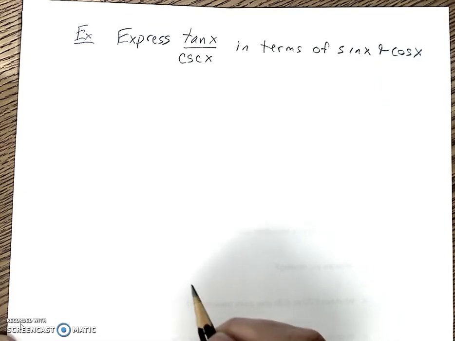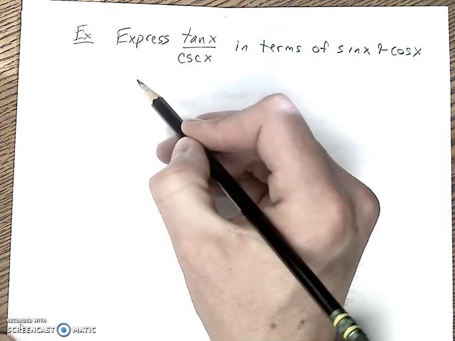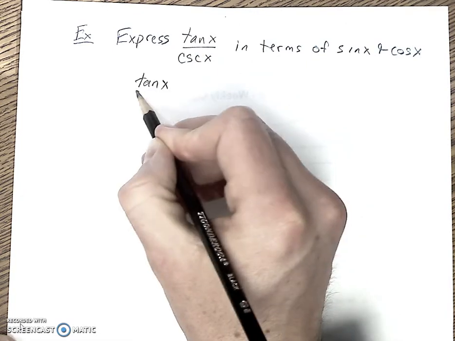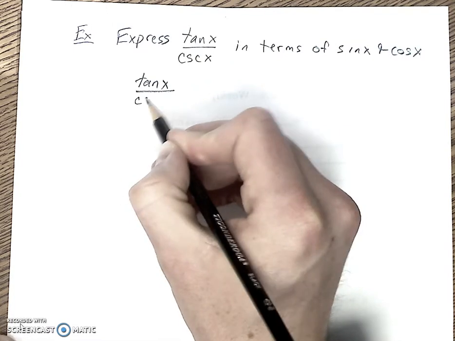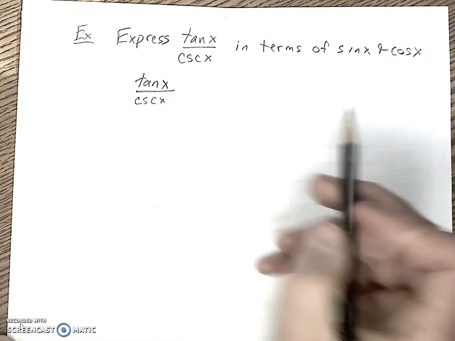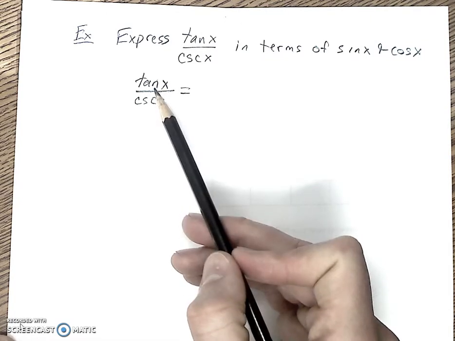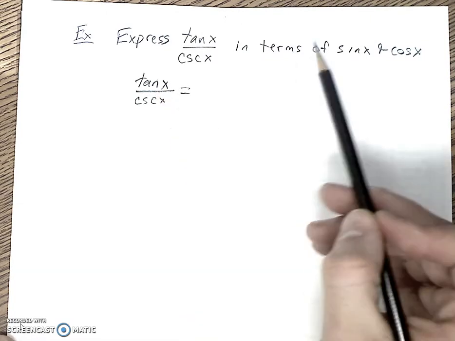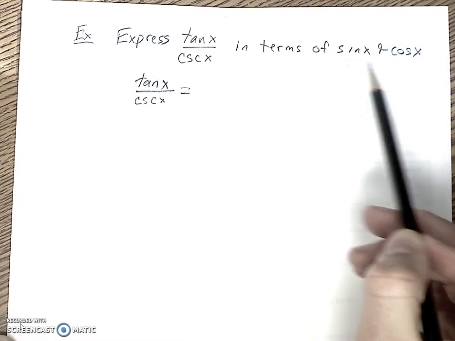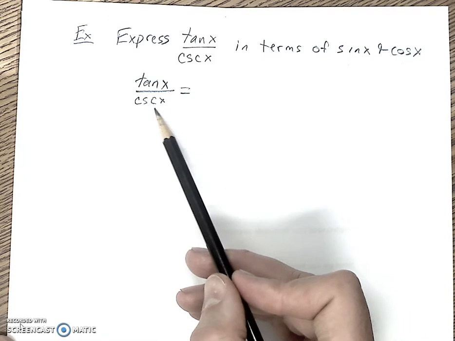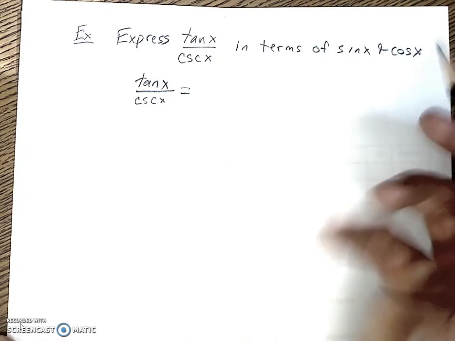How you might do that is you would start with what we're given: tangent of x divided by the cosecant of x. Well, these both have identities. There's a quotient identity where we can change tangent into sine and cosine, and there is a reciprocal identity where we can change cosecant into sine.